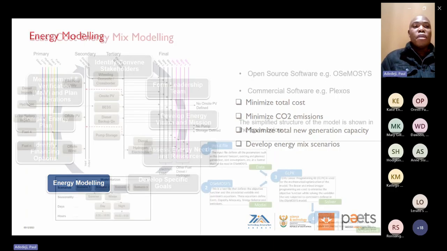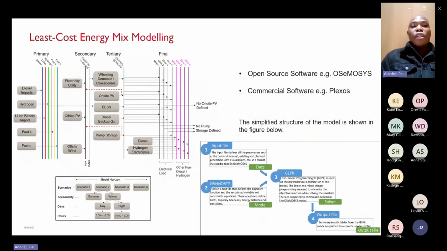On that energy mix scenarios, you use what we call the least cost energy mix model. That model takes into consideration several available renewable energy sources within that district, within that province, within that local municipality, and plugs them into a mathematical model to generate several scenarios.